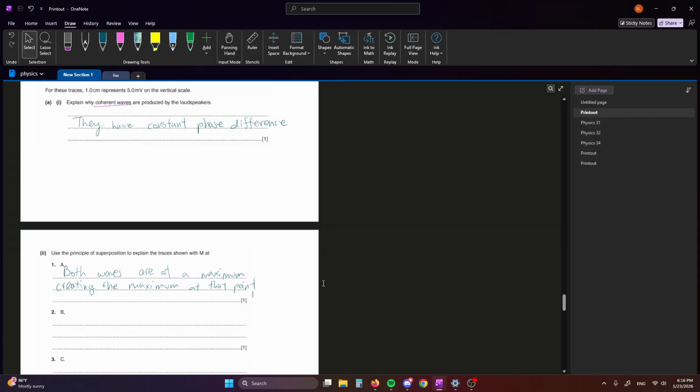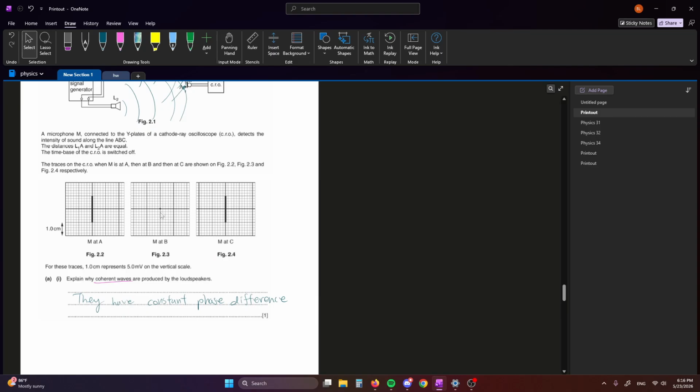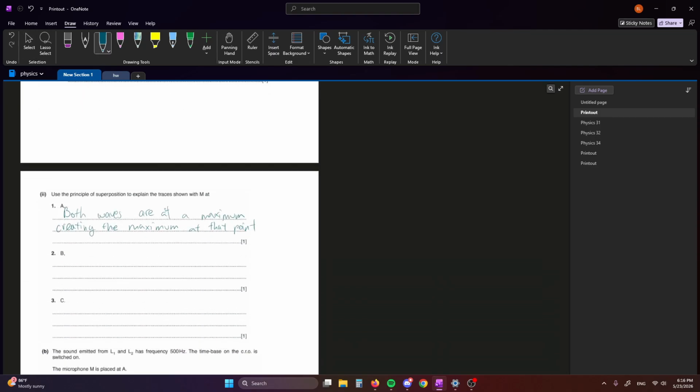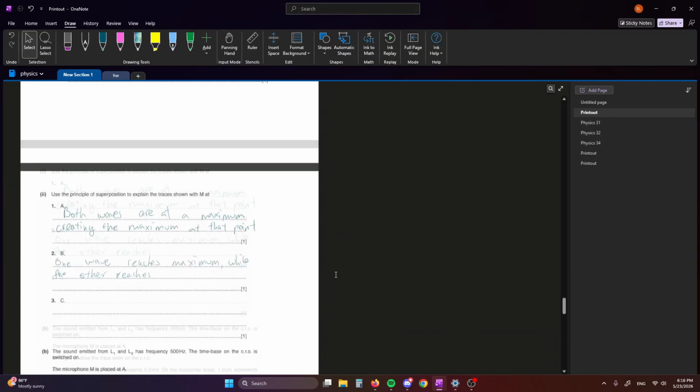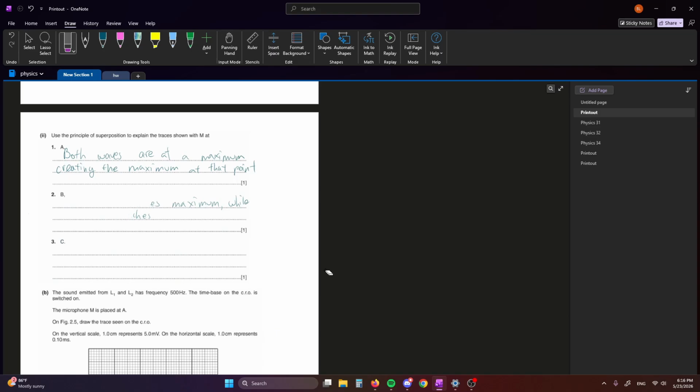As for B, they cancel out. Wait, I think they both reach minimum actually. Yeah, they both reach minimum.